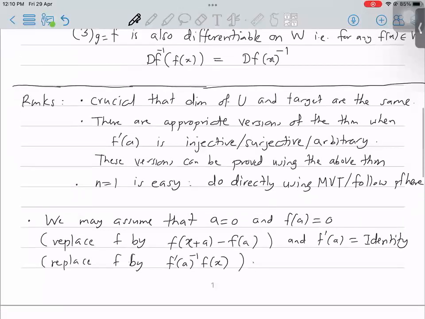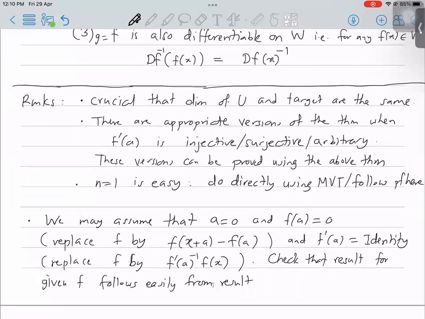So this is an exercise for you. Check that the result for a given f follows easily from the result for such a normalized f.